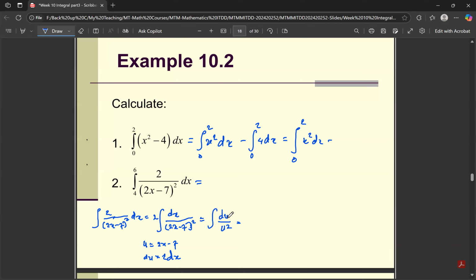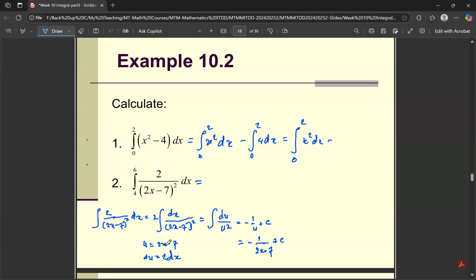The integration of this function will be minus 1 over u plus c. Then we replace u by 2x minus 7, and we have minus 1 over (2x minus 7).